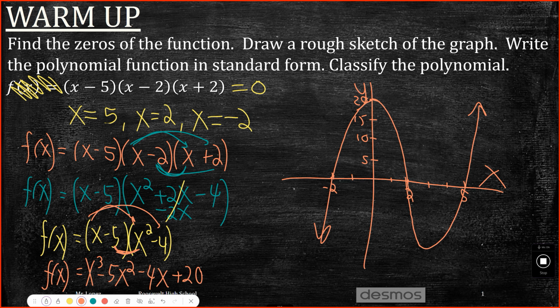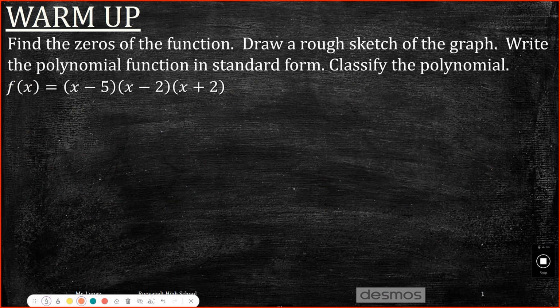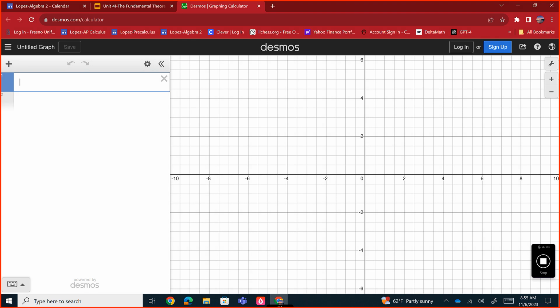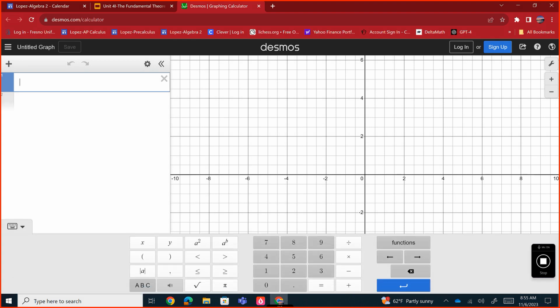It is a third degree polynomial. All right, let me see if I can remember this. X minus 5. All right, let me put this in decimals. Why not? Y equals, what was it?